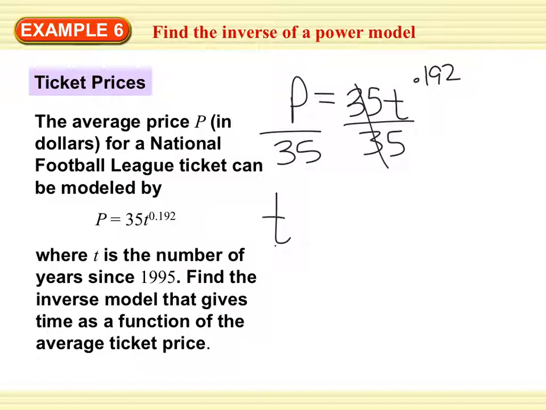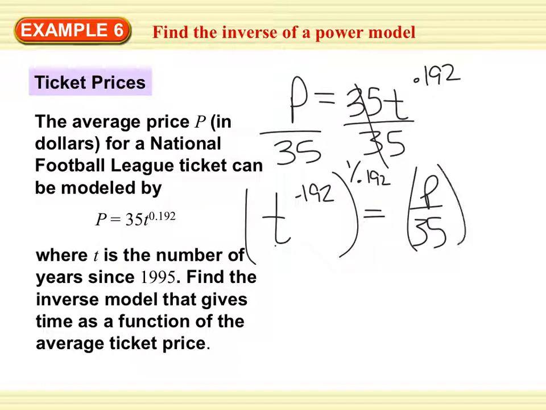I get t to the 0.192 equals P over 35. Now if I raise this to the 1 over 0.192, and I do the same thing here, if I multiply both of those exponents, I get 1. I multiply the fraction by its inverse, I get 1. So t equals P over 35 raised to the 1 over 0.192.